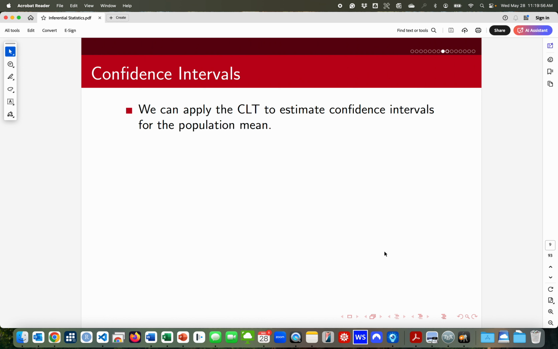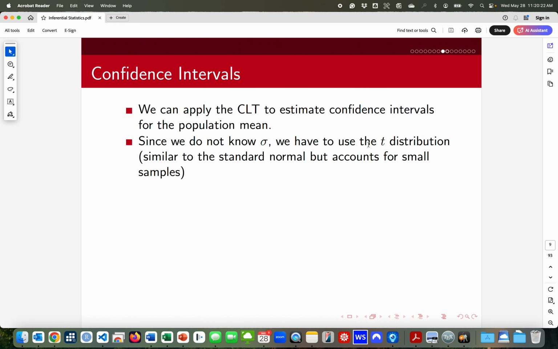Right. So now let's think about a confidence interval and the components of a confidence interval and how we actually estimate the confidence interval. So we can apply the central limit theorem, and there's some math behind the scenes here that we're not going to get into right now. I'm just going to give you the actual result.